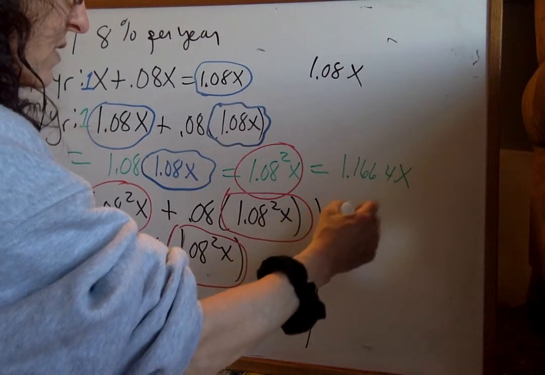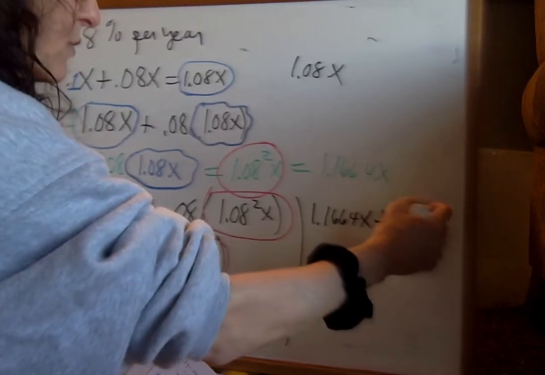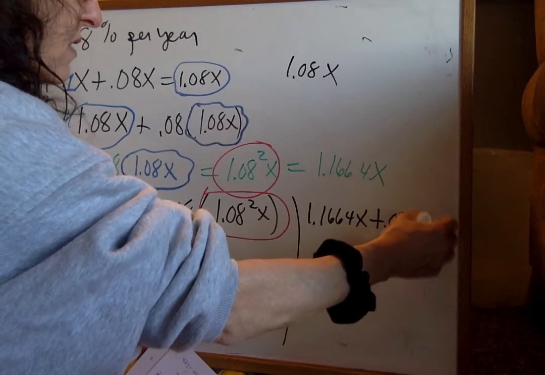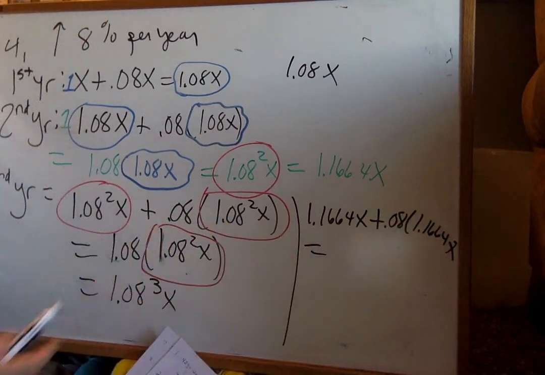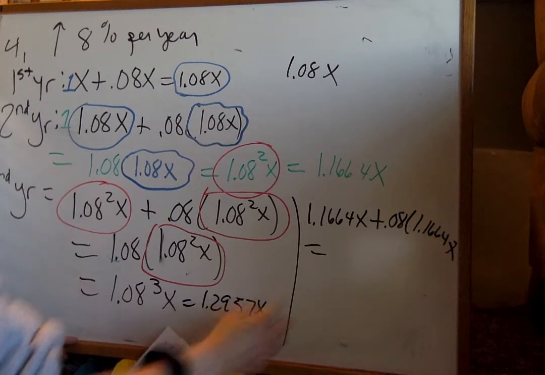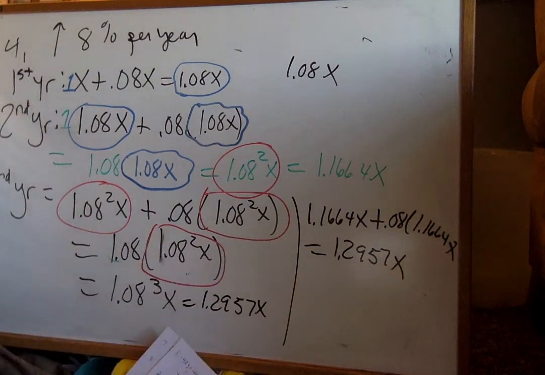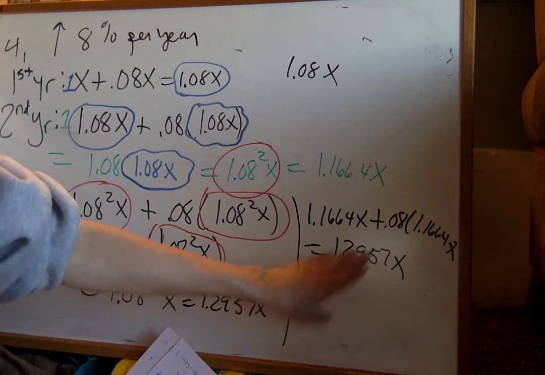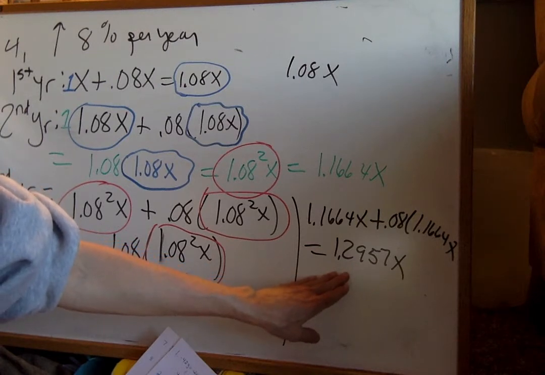So 1.1664x plus 0.08 of 1.1664x will still give you 1.2597. So right now I've just tried to present it. This probably is the clearest, although you lose the pattern.